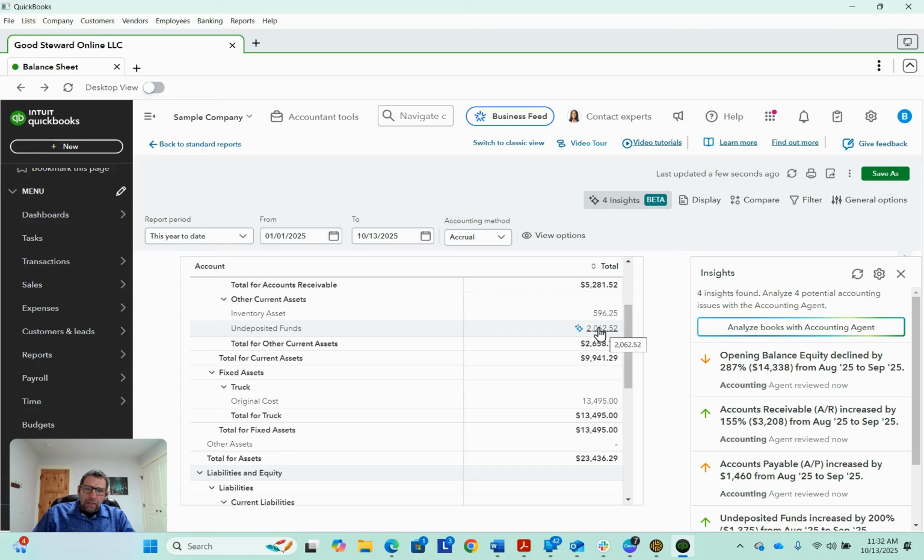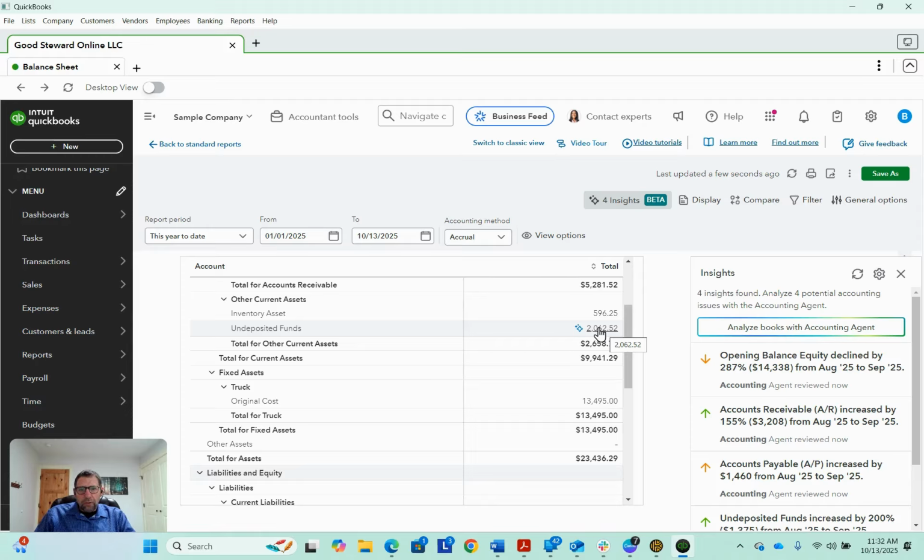And then when that bank deposit comes through on your bank feed in QuickBooks Online, you need to match that to the amounts that are in this undeposited funds account, or this is always going to sit there. And the issue that this could bring up is at tax time, this is considered an asset.